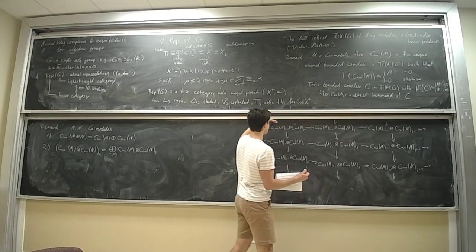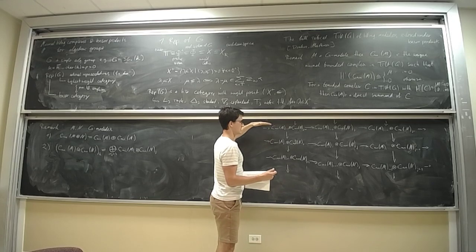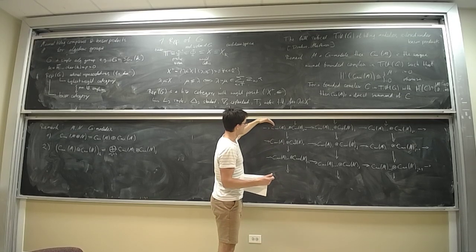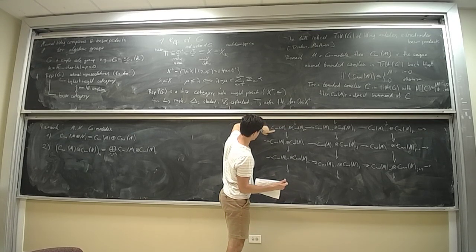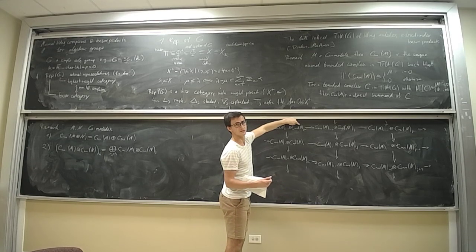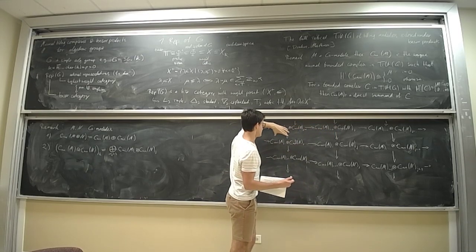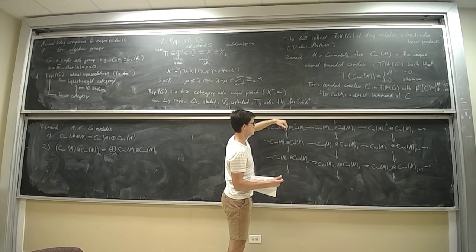So on each line, I'm tensoring the minimal tilting complex of N with a fixed term of the other complex. In each column, I'm tensoring the minimal tilting complex of M with a fixed term of the minimal tilting complex of N. So each of these is a tensor product of the minimal tilting complex of M with something else. So this is the double complex.